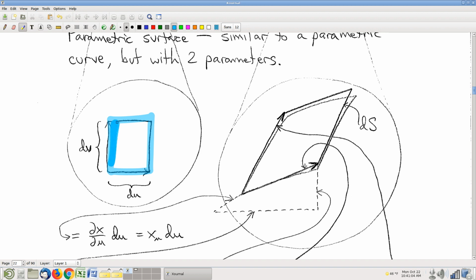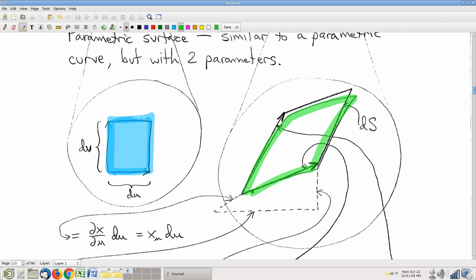It's got some area, du dv. I could imagine that if I push that forward through my parameterization, I'm going to get some little piece of surface, and I'd like to compute the area of that piece of surface.